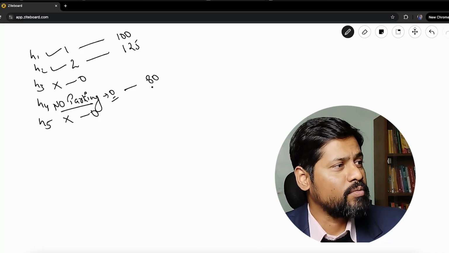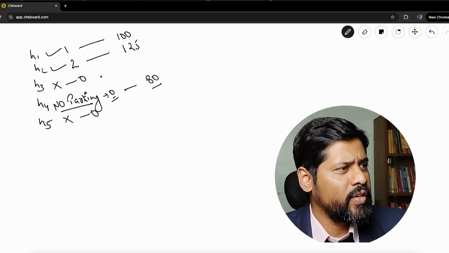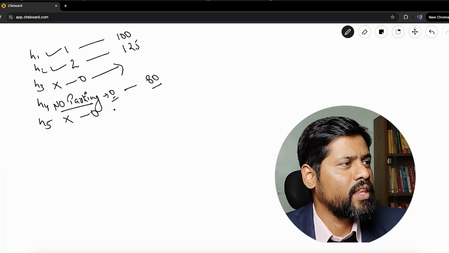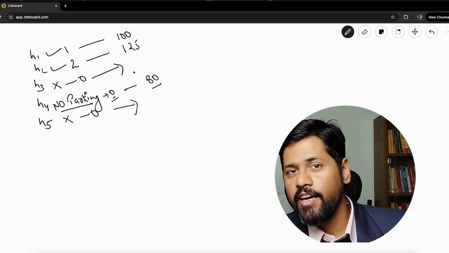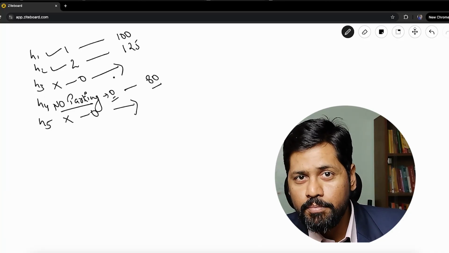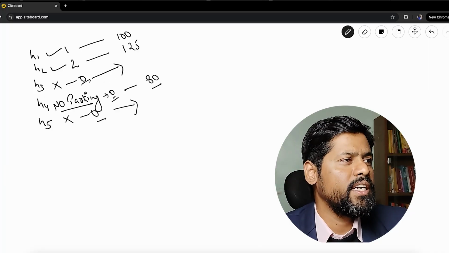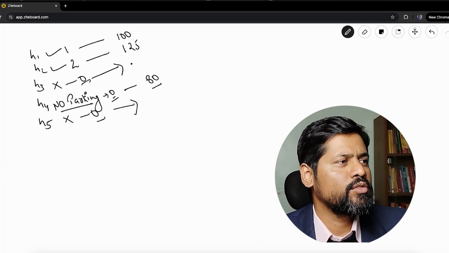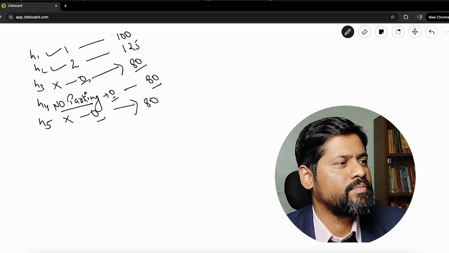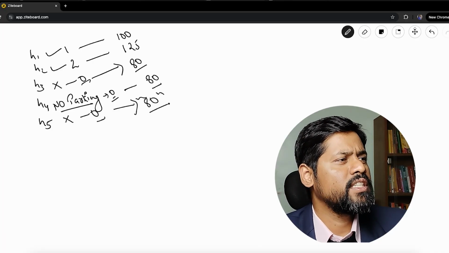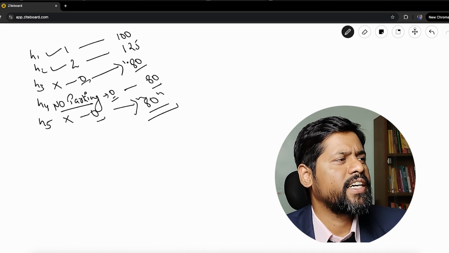Now for H3 and H5, since we did not have any information regarding parking and we marked it as 0 parking, even their house price will be predicted as 80, which is completely incorrect.